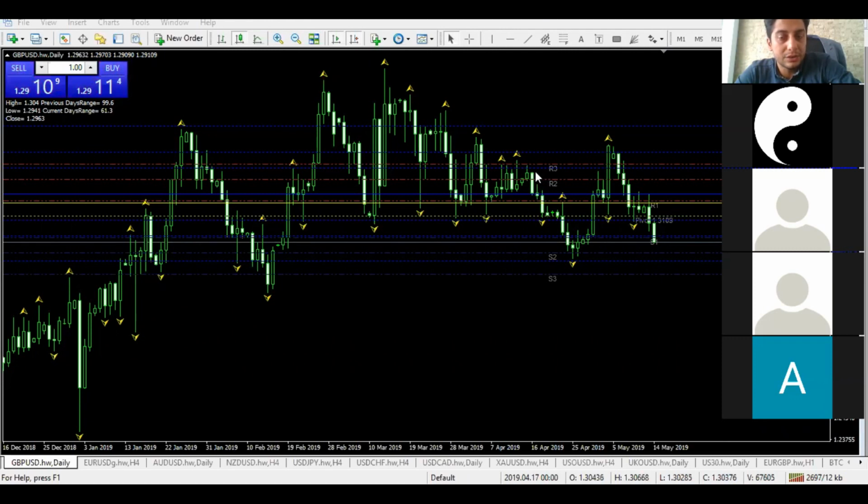But if it doesn't have a shadow from both sides, it means that it's sideways, or the candlesticks are overlapping. Like this one doesn't have a shadow from both sides, and it is lower than the pivots. The pivot was here in this zone, and it has gone up again.